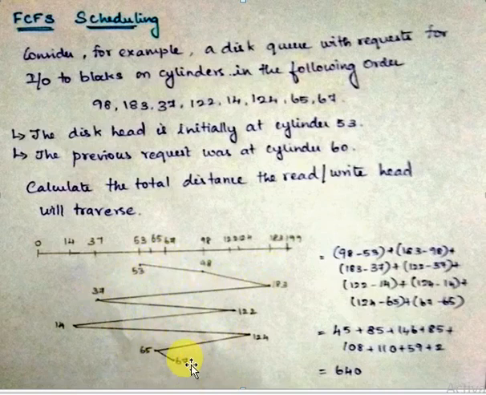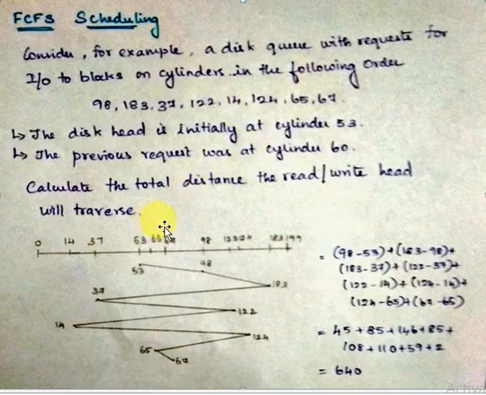Now our aim is to calculate the total distance the read and write head will traverse. To calculate that, we subtract the distances. So 98 minus 53, then 183 minus 98, and then we have to take the larger number, so 183 minus 37, 122 minus 37, then 122 minus 14, 124 minus 14, 124 minus 65, and 67 minus 65.